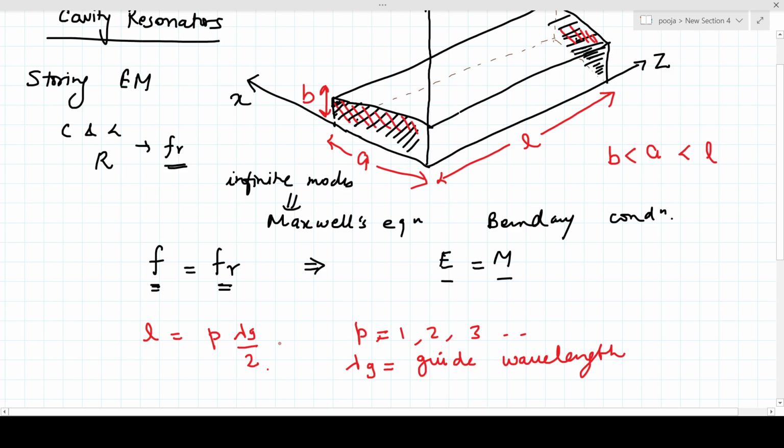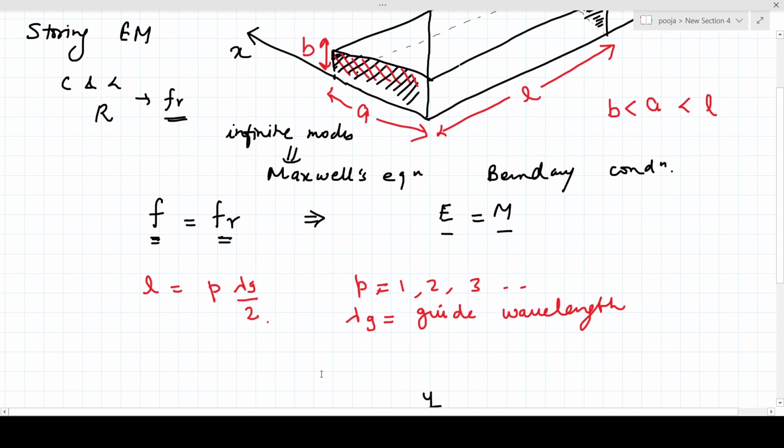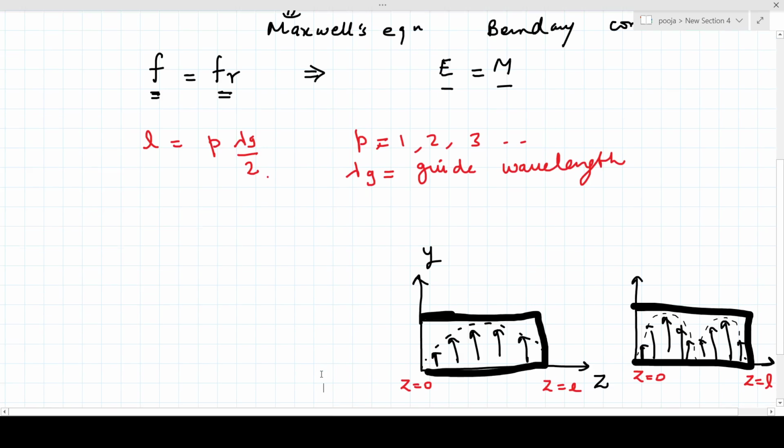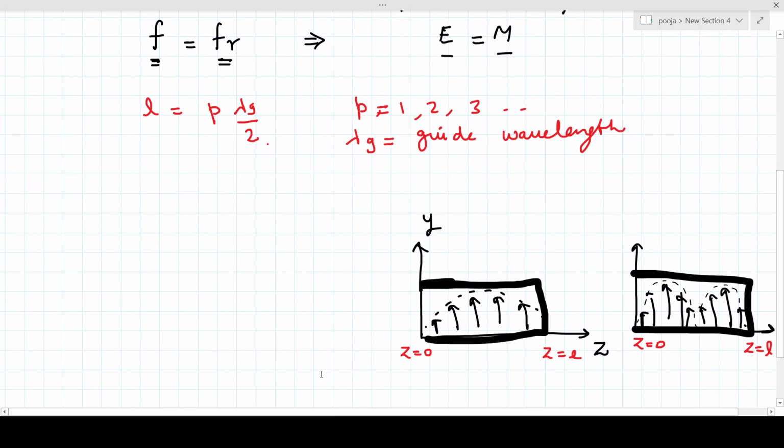To verify this condition, let's see an example. Suppose we have shorted this rectangular waveguide at Z equal to L, and it is not shorted at Z equal to 0.